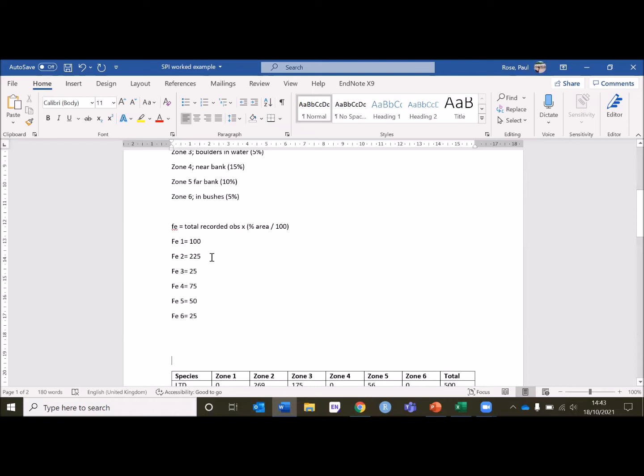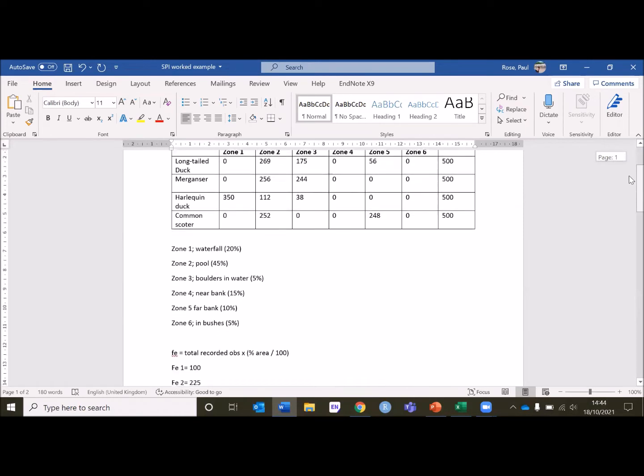So just as I ran through on the previous slide, expected frequency of 100 minutes for zone 1, 225 minutes for zone 2, 25 minutes for zone 3, 75 minutes for zone 4, 50 minutes for zone 5, and 25 minutes for zone 6.